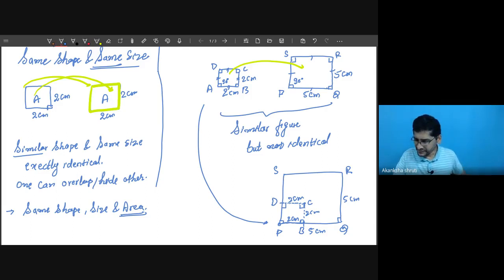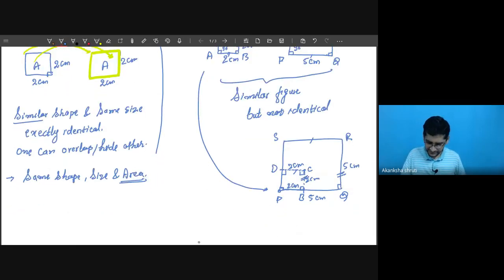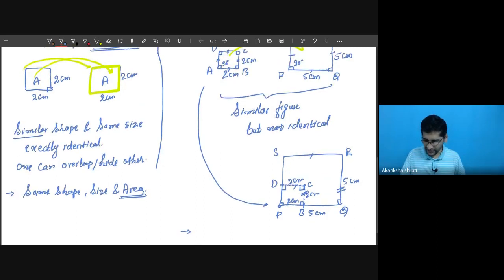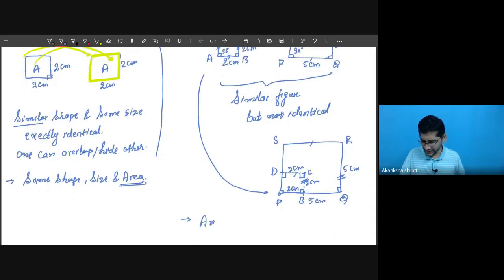hidden. But the another important property that we are getting is that this line BC becomes parallel to QR. This CD becomes parallel to SR. Okay. All the four angles are obviously equal. So in this case, for similarity, we are observing that angles must be same.